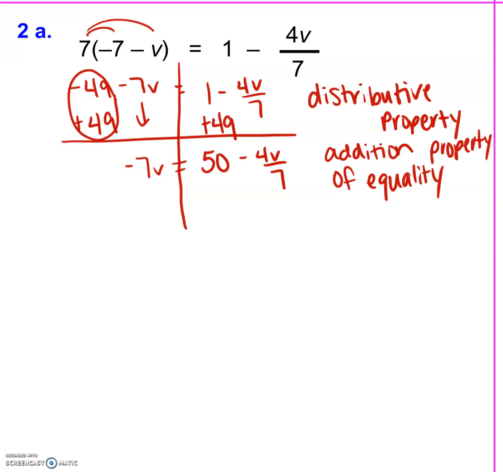All right, so I survey this again, and I need to get all of my variables to one side. So I already have a 7v over here, and it's by itself. 4v over 7 is on the same side as 50. So it would be smart or more direct of me to move the 4v over 7 because 7v is already by itself. I'm going to add 4v over 7, add 4v over 7.